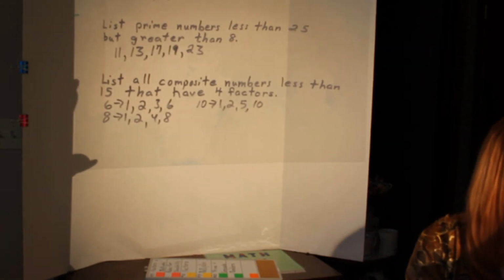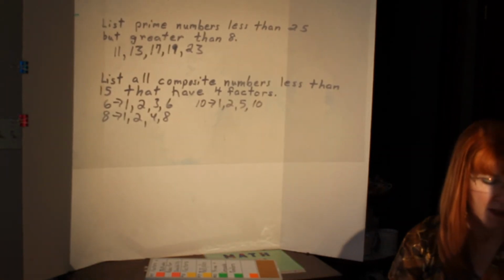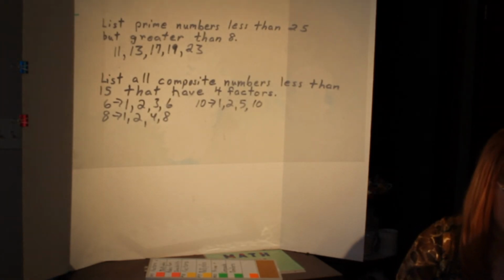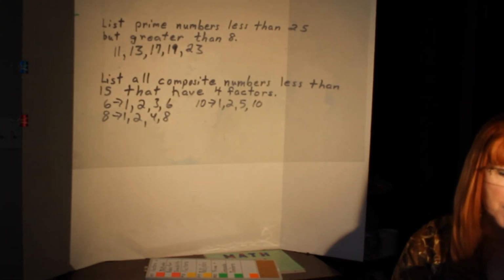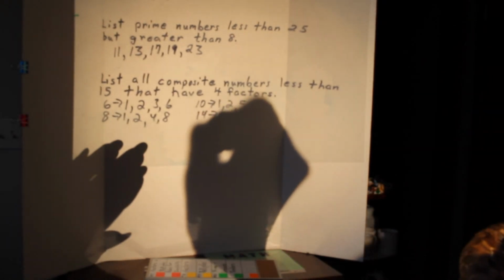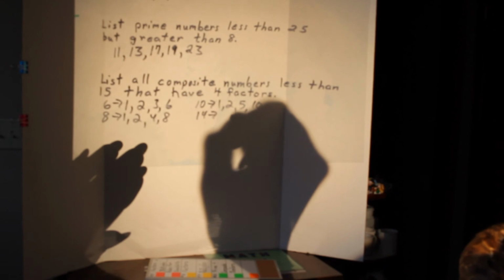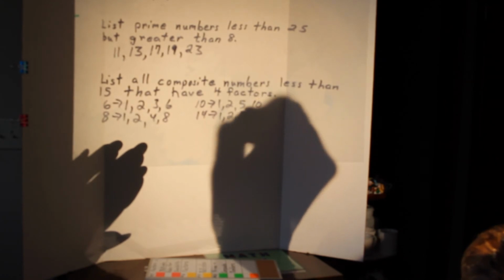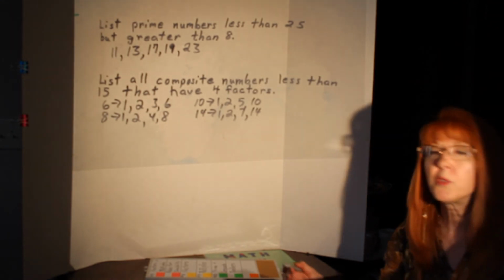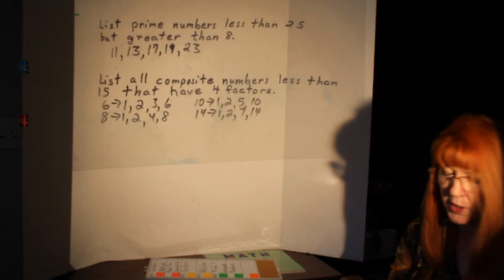So it has 4 factors. 11 is a prime. 12 won't work. It has more than that. 13 is a prime. 14. 14 is 1, 2, 7, and 14. So those are the only options that you have.